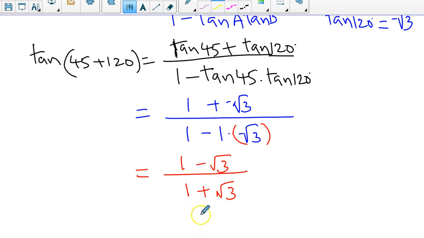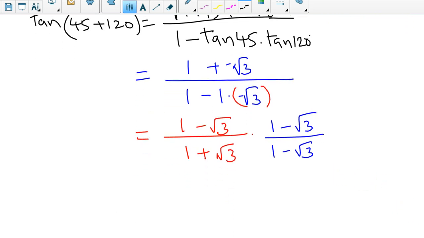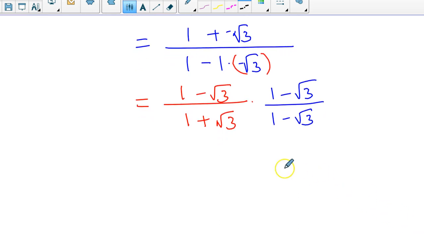And you know that in the denominator we cannot have an irrational number, so we have to rationalize the denominator. So it is of the form a plus b, so I should multiply by a minus b, that is 1 minus root 3 in the denominator. So on the numerator also 1 minus root 3. So let us multiply using distributive property.